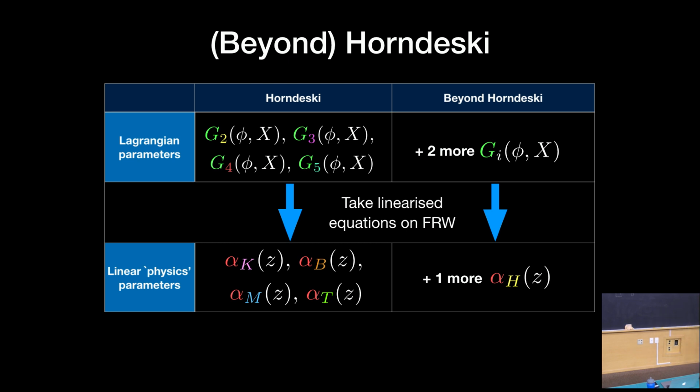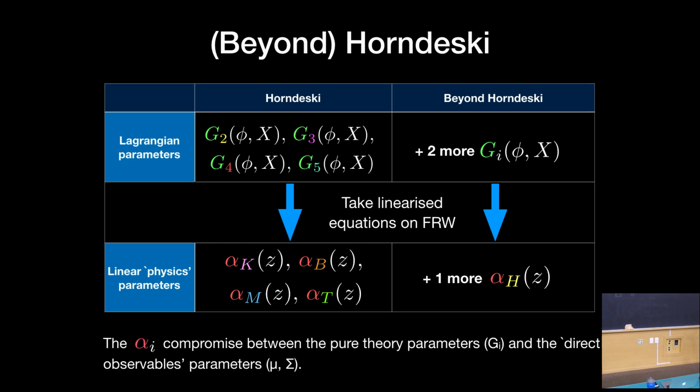I know there are two up here, but by the time you take the field equations, they just merge into one, which is called alpha H. And you should think of these alpha functions as a compromise between these very theoretical things that appear in the action and the mu and sigma parameterization that I said was a bit too phenomenological to be super useful.